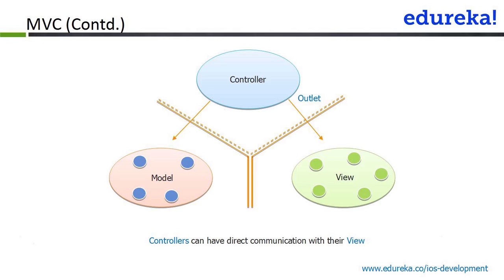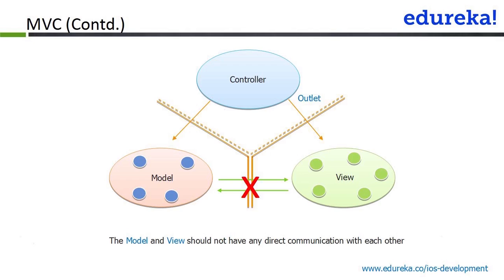And we will use this when we are developing our app. So we have the main interface builder, which is our view, and we will be tying it with a controller, which is a class file, and we will be assigning an outlet from the user interface to the controller. And this is how your communication will happen.